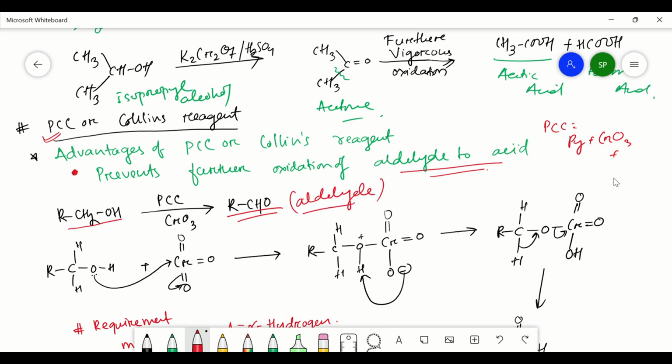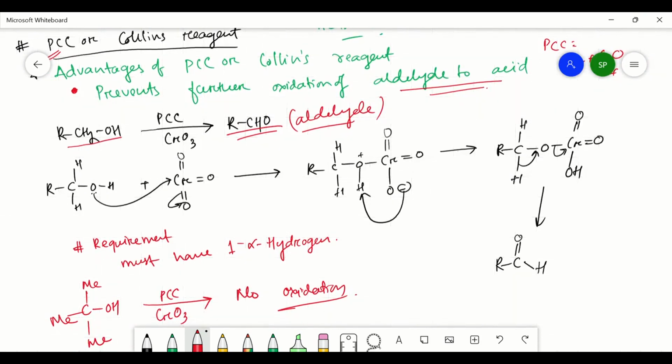So the mechanism of this reaction is, when the alcohol is treated with CrO3, the lone pair of oxygen attacks chromium and there is formation of OH plus. Now this OH plus forms C single bond O single bond Cr. Now this breaks down to form aldehyde.